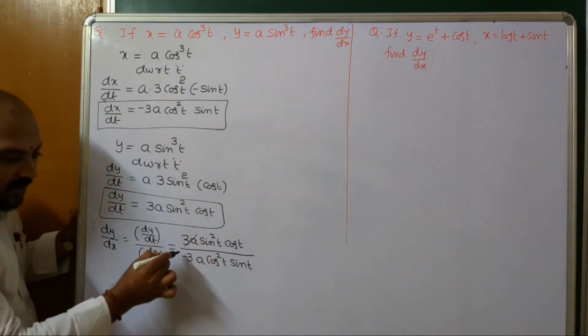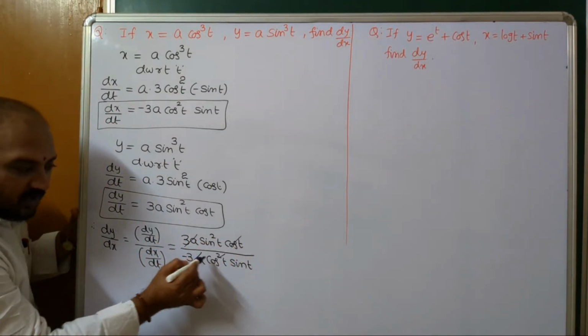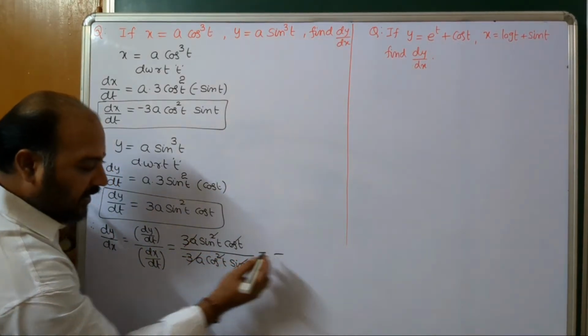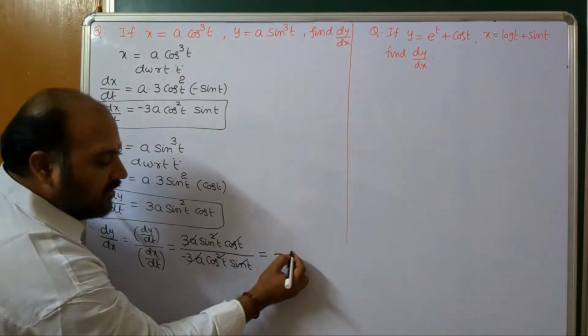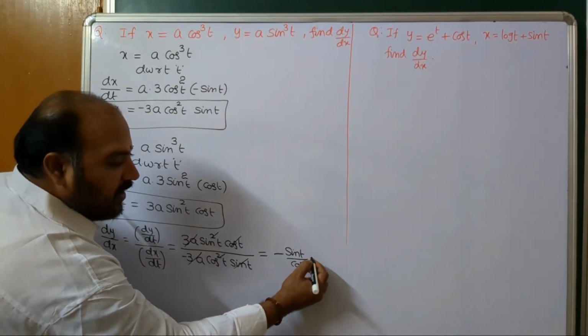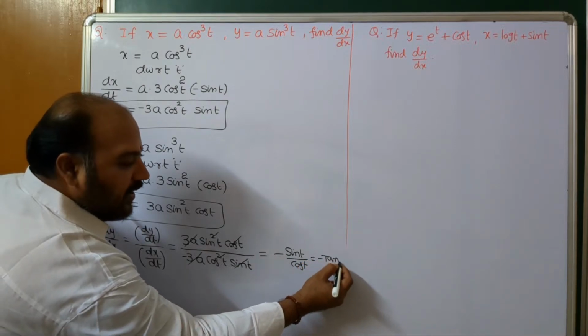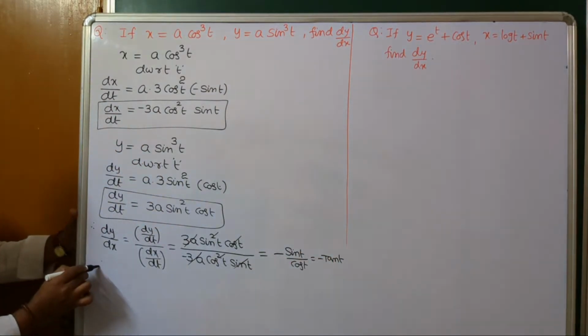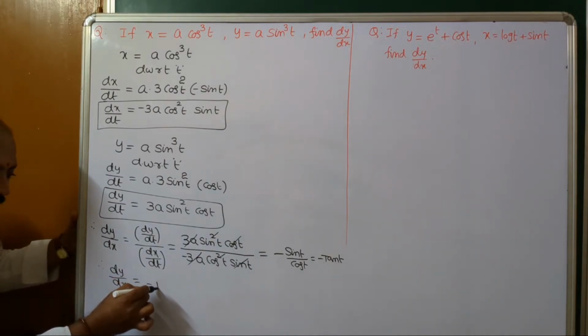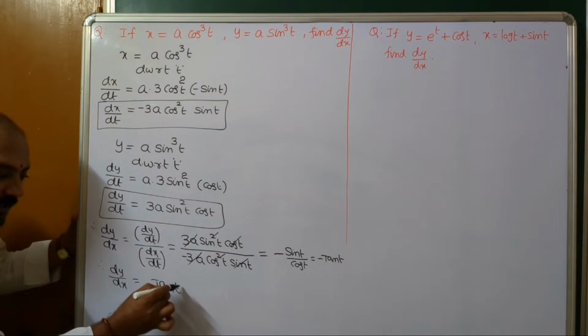So 3a gets cancelled, one of the cos t cancels, one of the sin t cancels, minus is there, minus sin t by cos t. Sin by cos is tan, so minus tan t. Therefore conclusion step, dy by dx equal to minus tan t.